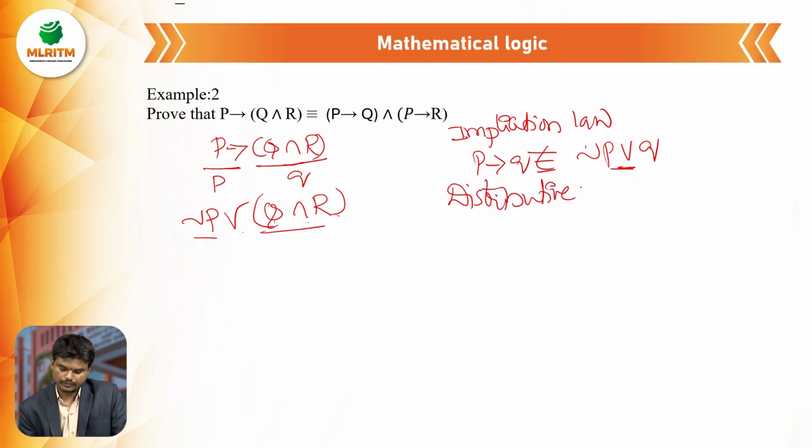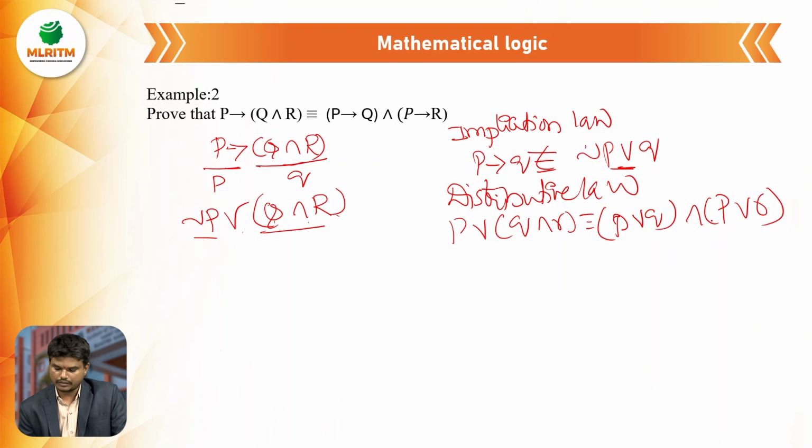P or (Q and R) is equivalent to (P or Q) and (P or R). So we apply the distributive law. Here negation P is the P, Q is the Q, and R is the R.